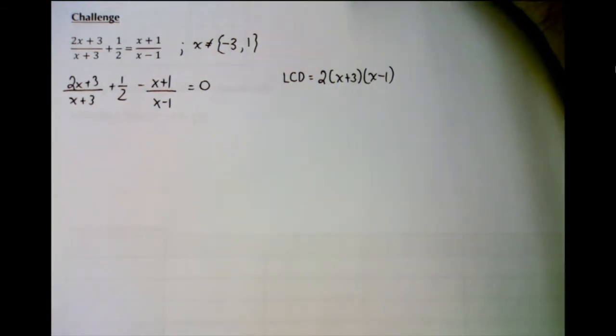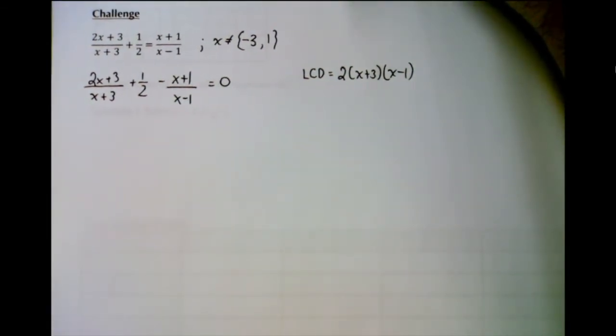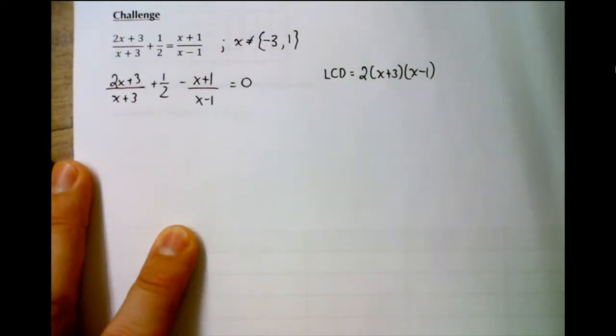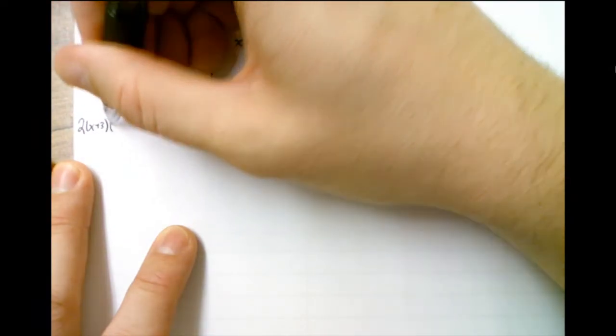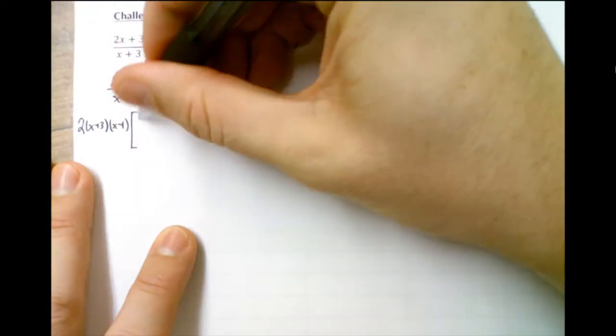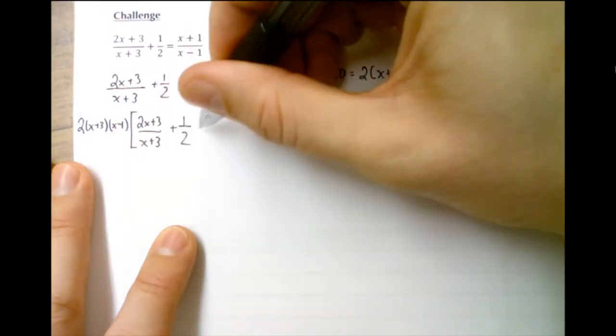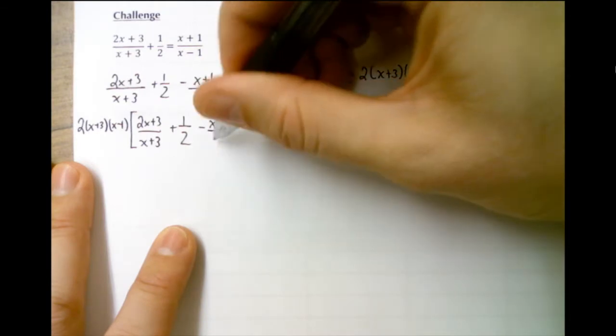So your next step is to multiply both sides by that lowest common denominator. So what that's going to look like on the left side is 2 times (x plus 3) times (x minus 1), and we're going to multiply that whole thing by [(2x plus 3) over (x plus 3), plus 1/2, minus (x plus 1) over (x minus 1)].